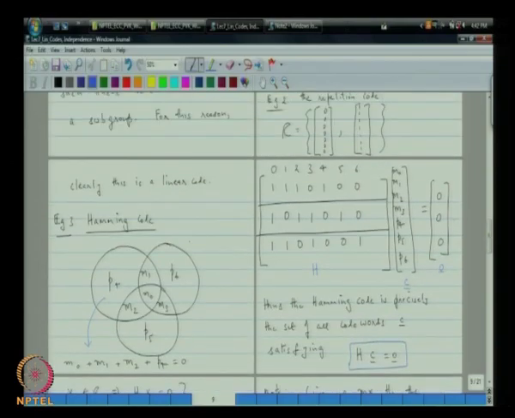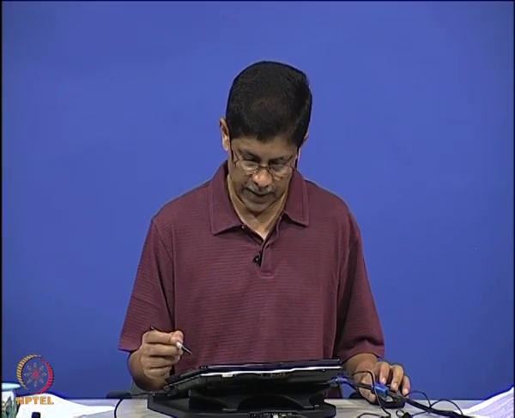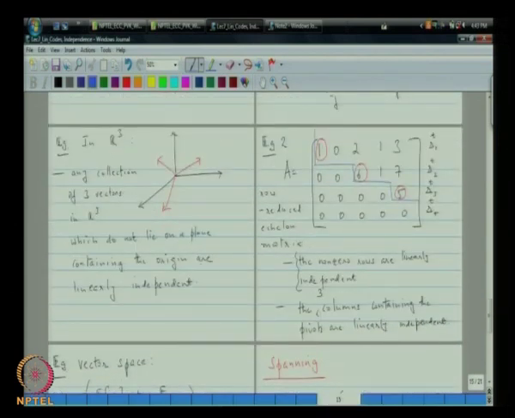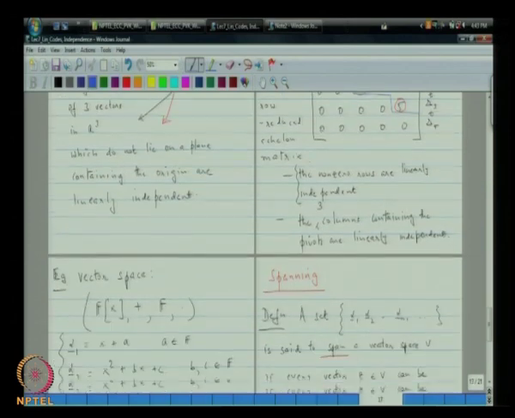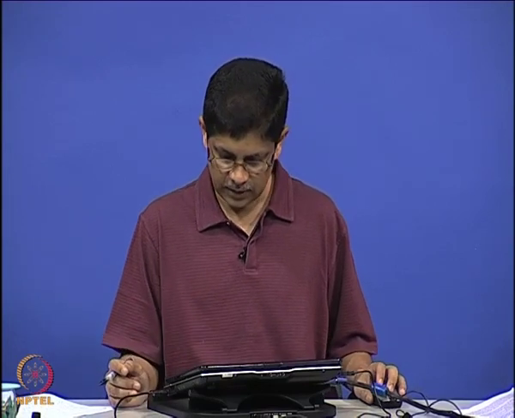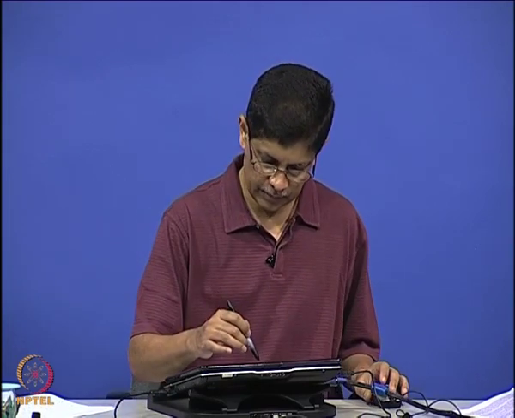We showed that all three example codes we had worked with were in fact linear codes, and then I talked about what it means for a set of vectors to be linearly independent. We looked at examples in different settings: in 3-dimensional space, with respect to the rows of an echelon matrix, and in the vector space of polynomials. Then we started talking about spanning. I will slow down a little here, because we need to pick up the discussion from where we left off.